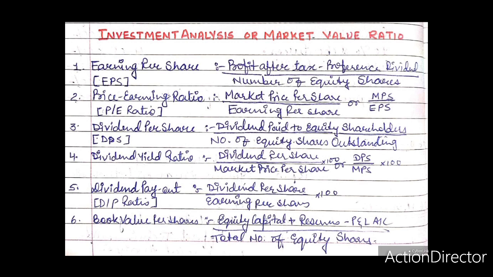It is calculated by dividing the total dividend paid to equity shareholders by the total profits belonging to them, or by dividing the DPS by the EPS as given below. Dividend per share divided by earning per share, multiplied by 100, or equity dividend divided by profit after tax minus preference dividend, multiplied by 100.